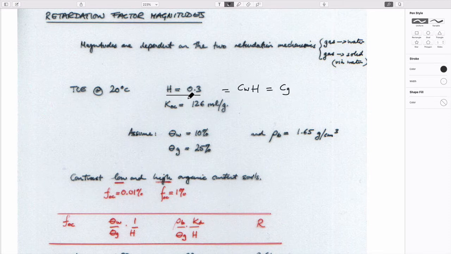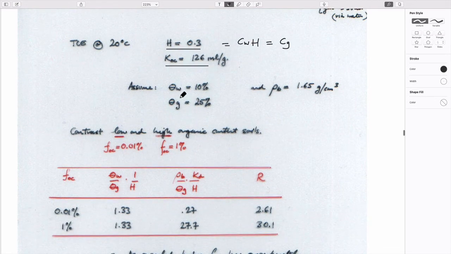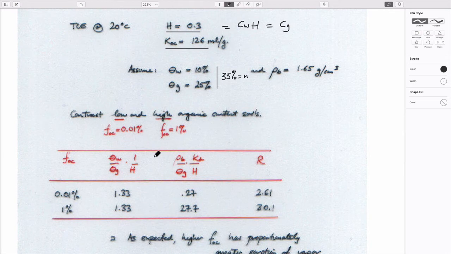That's physically what that means. If we take an organic carbon partition coefficient of 120 milligrams per gram, a porosity of 35%, by definition, 25% gas content, 10% water content, add those together, that's the total pore space, and an assumed density, then we can calculate each of these two terms.